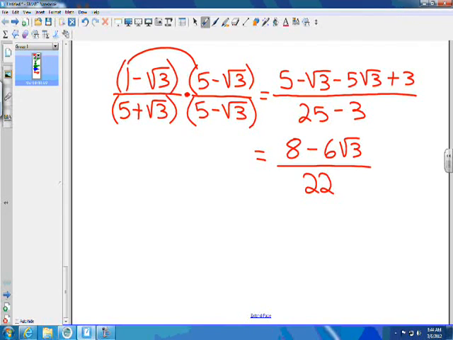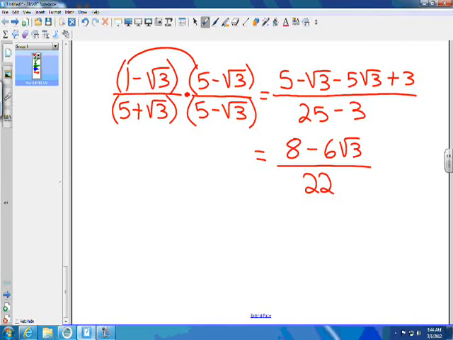What's the only difference that we would have? No, that's not the only difference. What did we have with quadratic formula that we don't have with that right there? Plus or minus. That's the only difference. So you'd have exactly the same answer with the quadratic formula, except that'd be plus or minus.